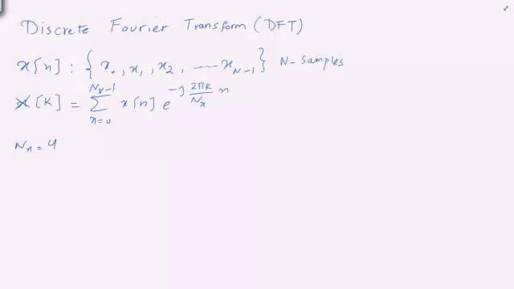The formula is going to be X of k is sigma n from 0 to 3 of x of n e to the minus j 2 pi k divided by 4 times n. So if I expand this formula, then it would say X of k is equal to x0.